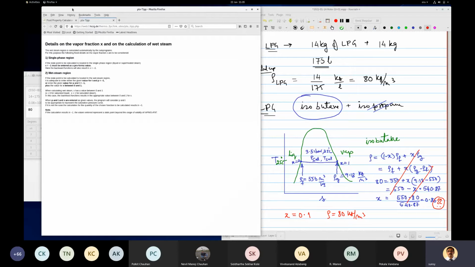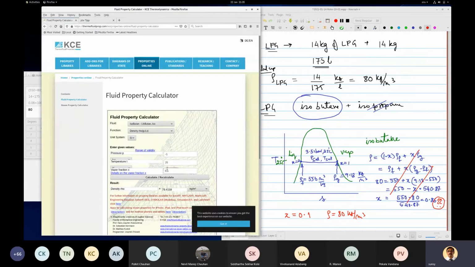Once temperature is set, Tsat and Psat are already known inside, so I should not put any values here. I can put 3.51 bar and then -1 here, but that calculation is not available here.